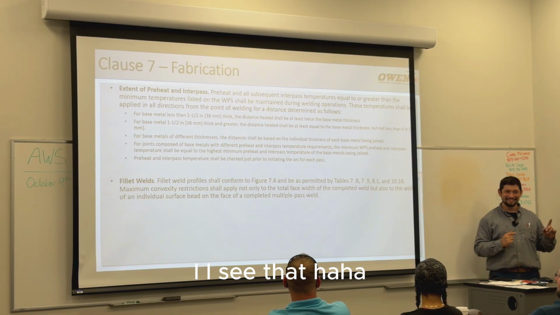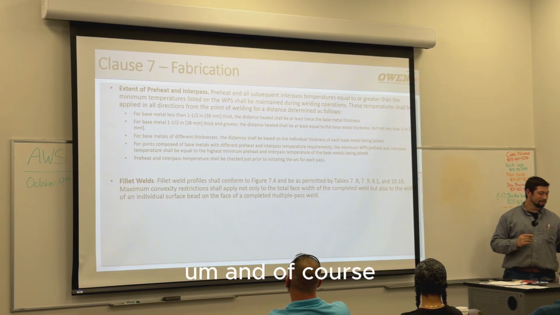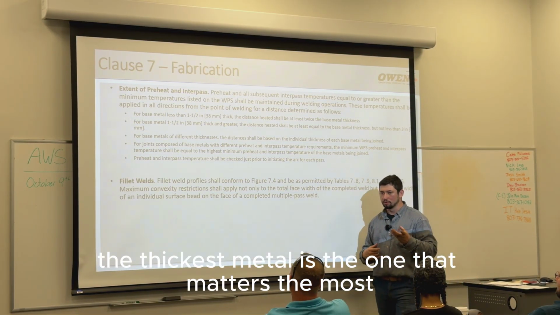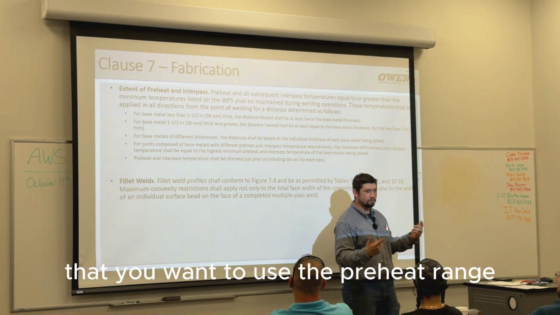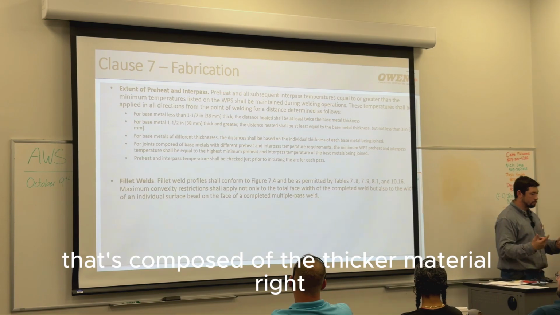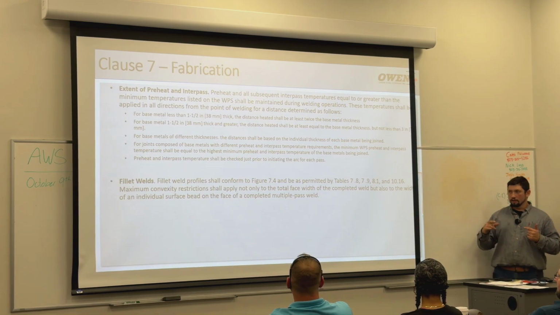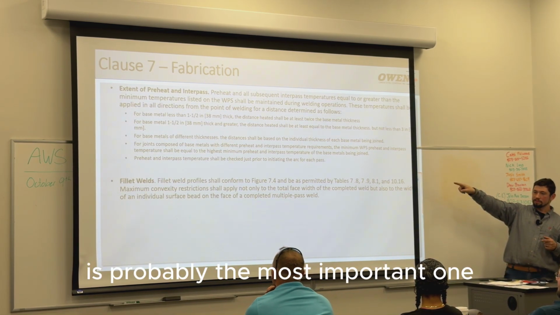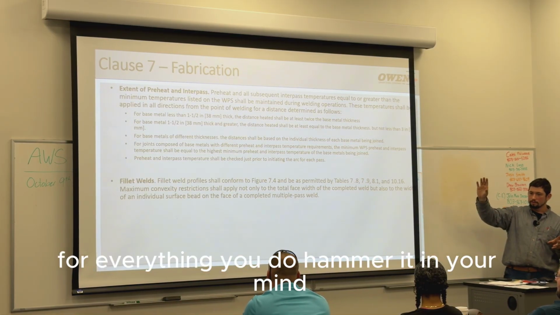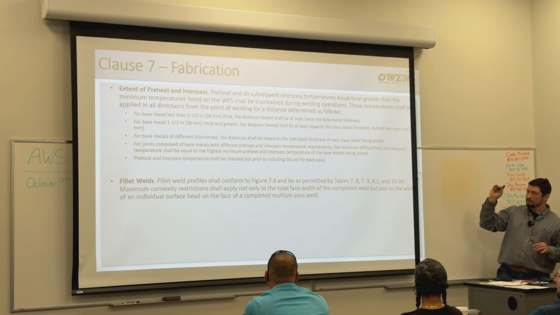And of course, if you're joining two pieces of metal, the thickest metal is the one that matters the most. You want to use the preheat range that's composed of the thicker material, right? The last bullet point there is probably the most important one, and this applies for all welding codes, for everything you do. Hammer it in your mind, right?